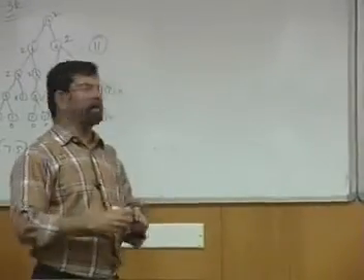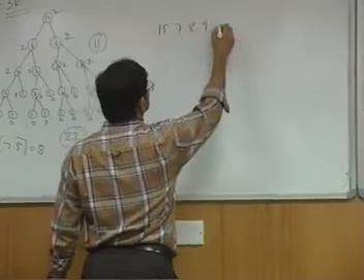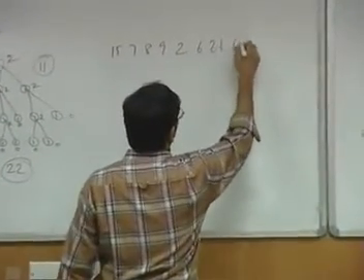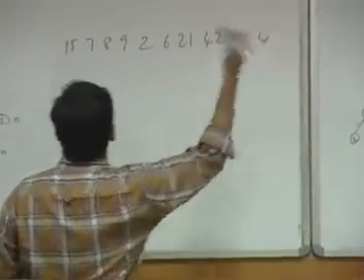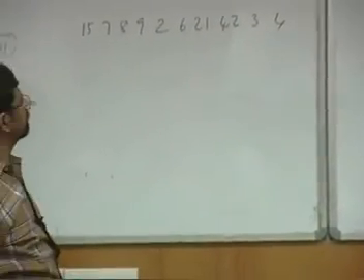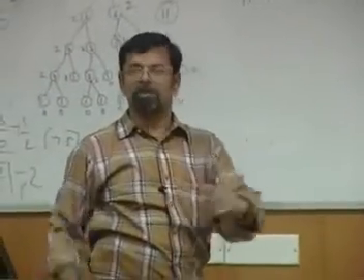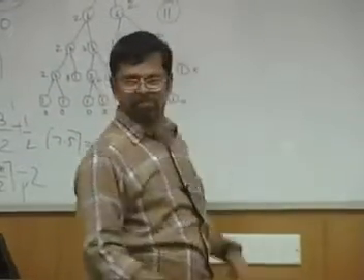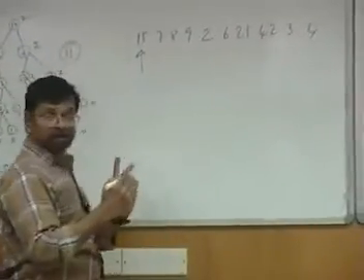Suppose you are given an array, take a random array 15, 7, 8, 9, 2, 6, 21, 42, 3, 4, whatever. When an array like that is given, you choose a pivot to split the array into two parts. Usually the pivot is taken as the first item. When you take it like this, how do you split?